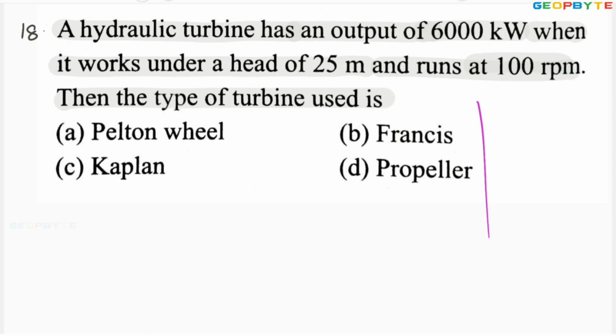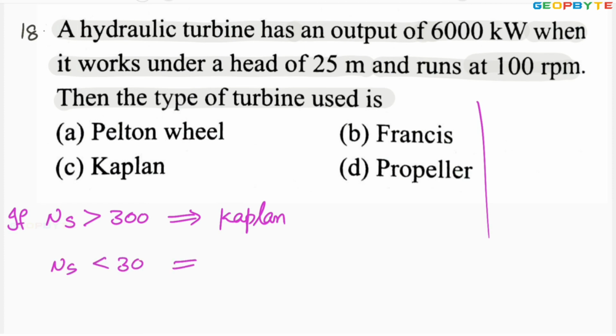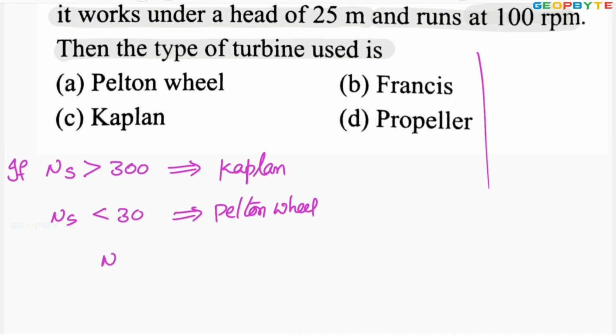If the specific speed is greater than 300, the selected turbine must be a Kaplan turbine. If the specific speed is less than 30, it must be a Pelton wheel. If the specific speed is greater than 30 but less than 300, it is called a Francis turbine.